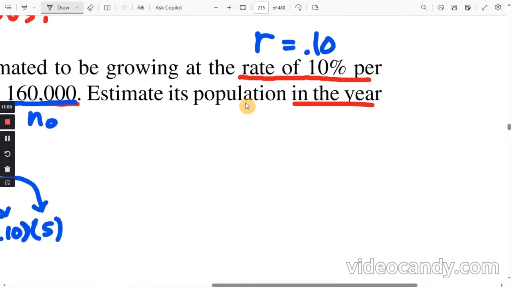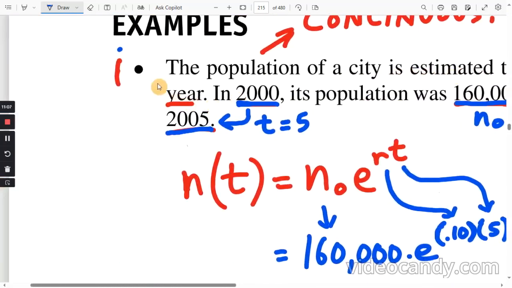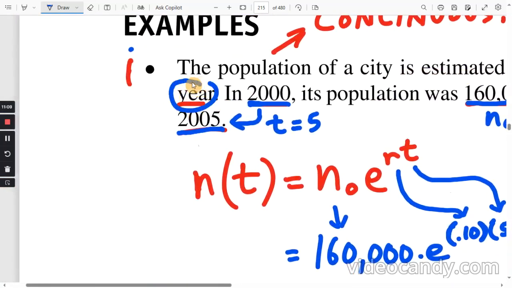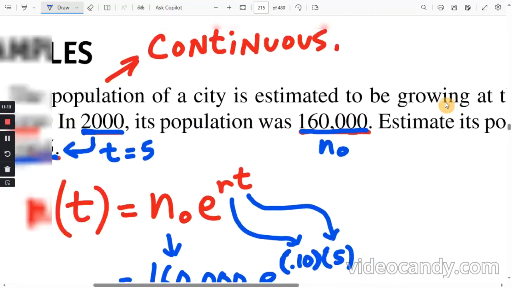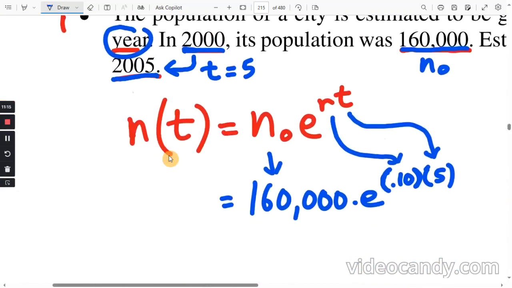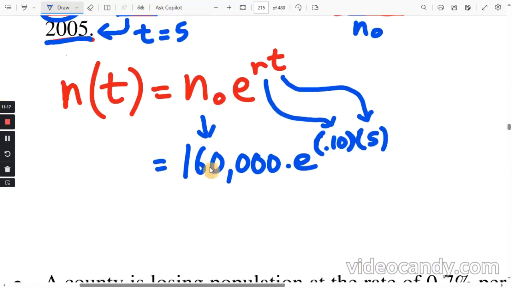Let's make sure the rate was 10% per year, and the population was measured in years as well. So I'm going to do this on the calculator. Make sure you can as well on your calculator. I'm probably going to have to round off, so I'll use the squiggly lines.